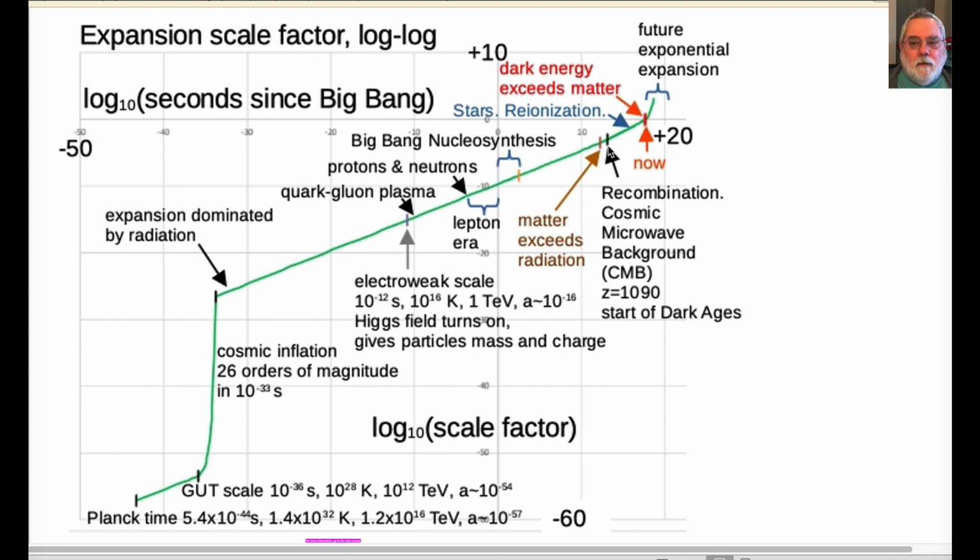Neutral helium atoms had already formed. The universe was no longer a plasma scattering the photons, and so photons could stream freely through the electrically neutral, expanding universe.